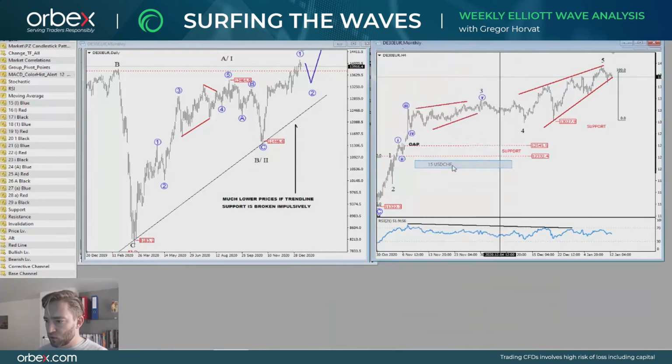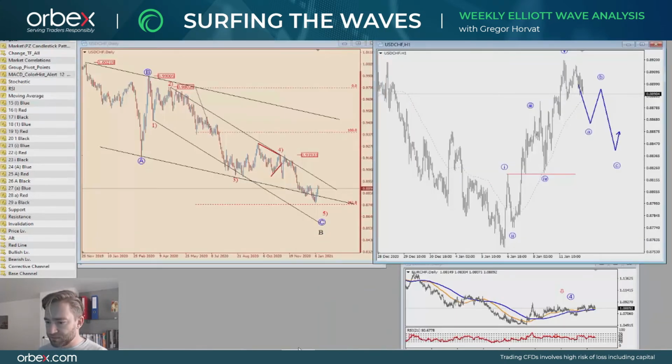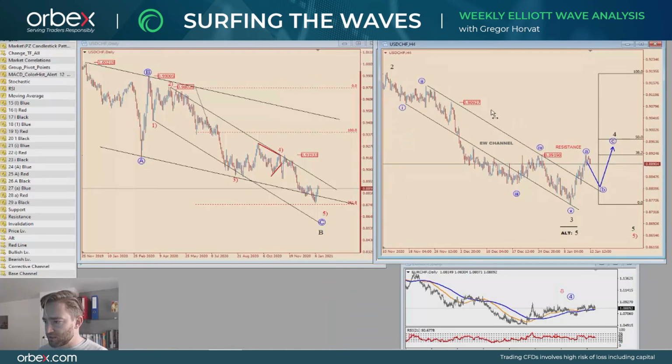If we firstly take a look at dollar Swiss, you will see that this pair also recovered in impulsive fashion out of this downward channel. So it looks like we are in a three wave recovery, or maybe something more aggressive if this three wave structure, maybe ABC, will transform into a 5-wave movement. At the moment I don't want to analyze the markets too far into the future.